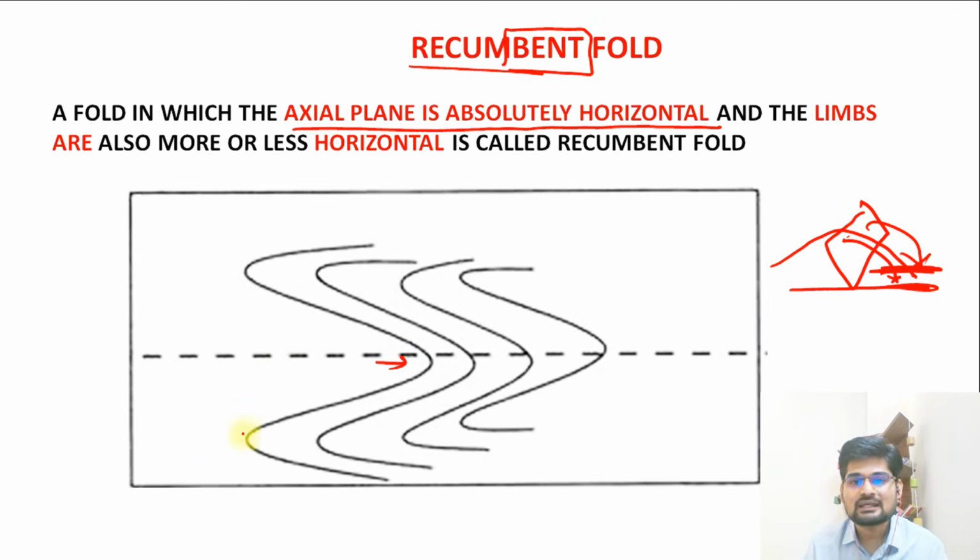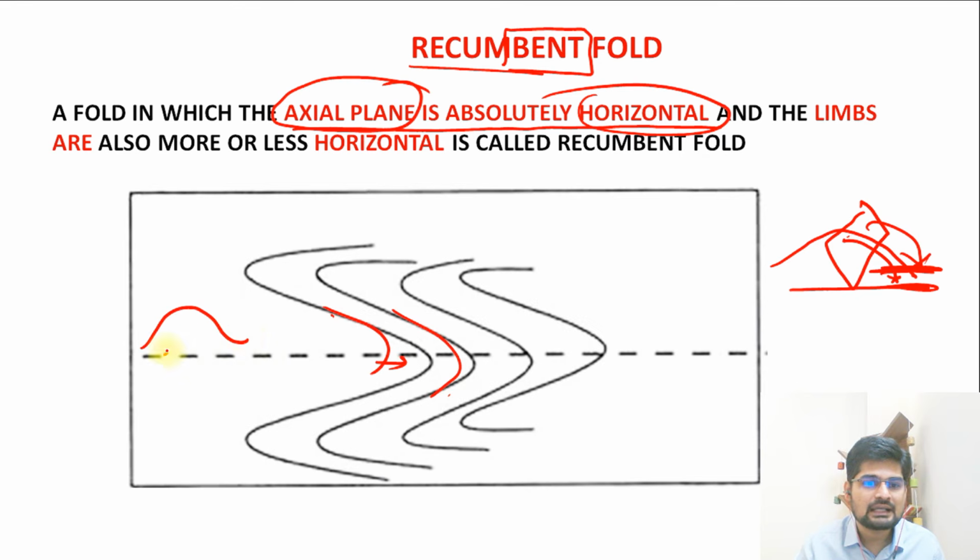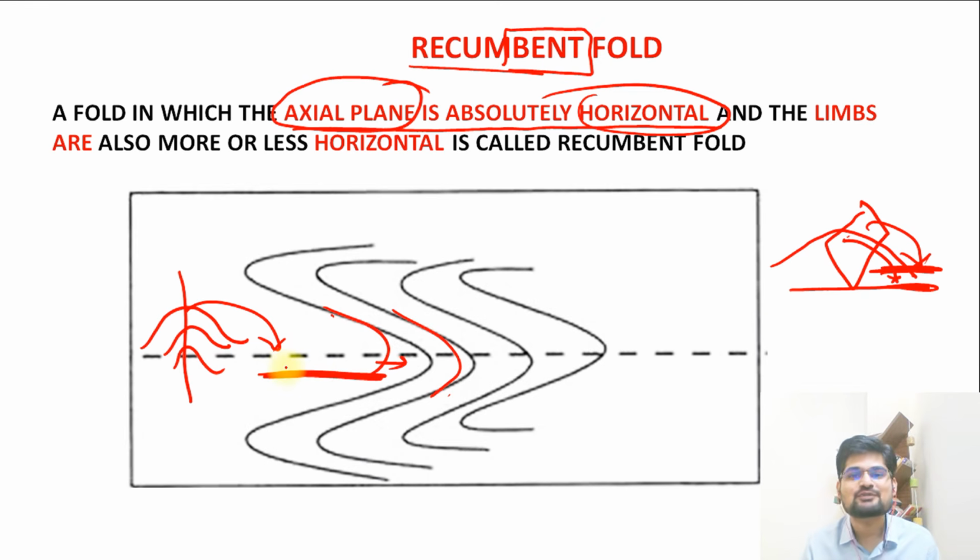So recumbent is one fold where the axial plane is almost horizontal. These layers used to be earlier like this. Now what has happened? This axis has gone completely parallel to the base. That is what we call the horizontal recumbent fold.